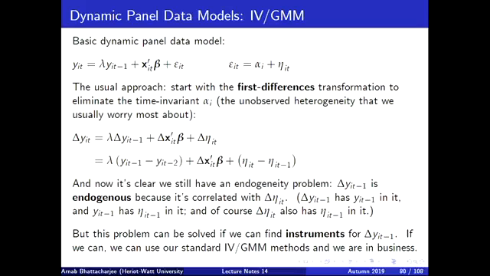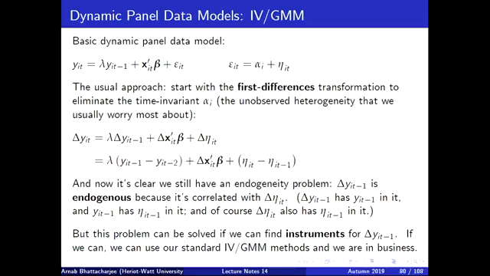What about yit minus 3? That is going to be minus lambda times sigma square y. For yit minus 4, it is minus lambda square times sigma square y.